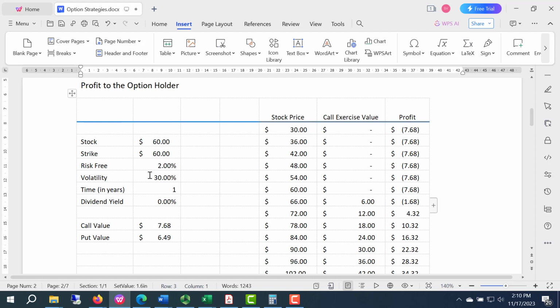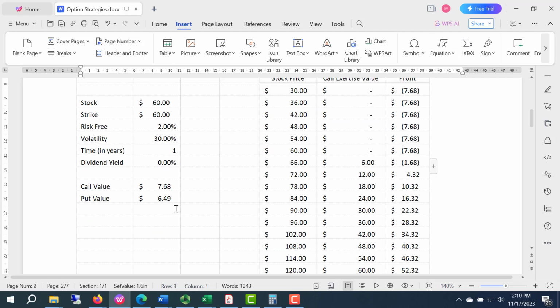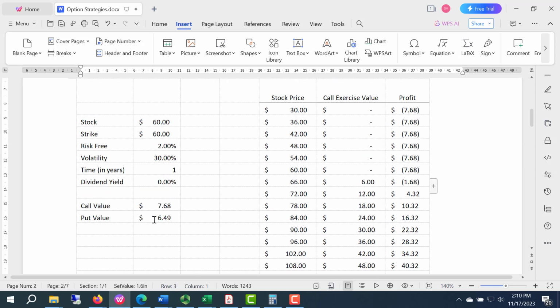It has volatility of 30%. The risk-free rate is 2%, and the dividend yield is 0. So these are the Black-Scholes option pricing model values for the call and the put written on this option.